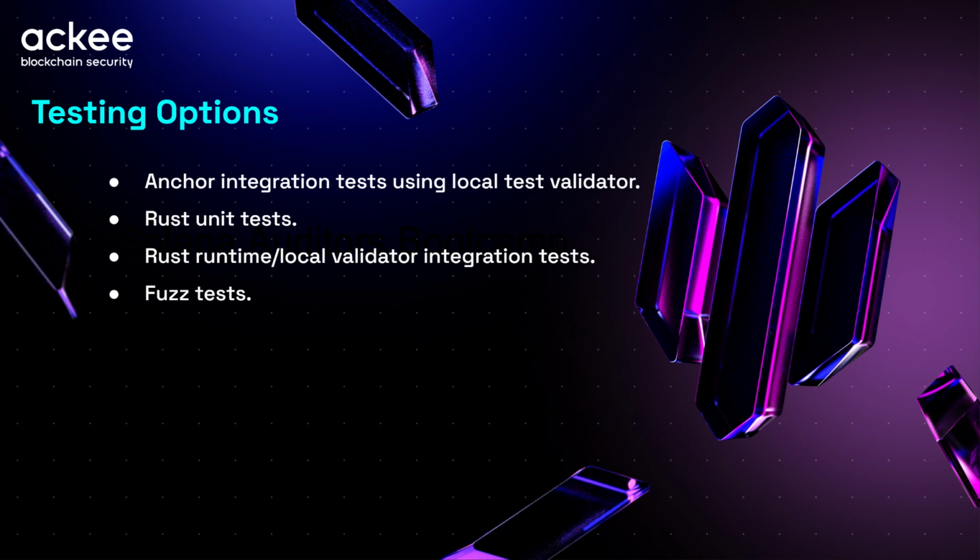Maybe some operations with blocks and slots are not working as in a real validator. But usually it's quite sufficient also. Or you can use a local validator for the integration tests. There is basically a Rust crate directly from Solana that you can use.